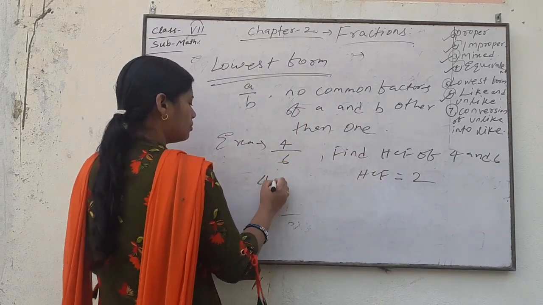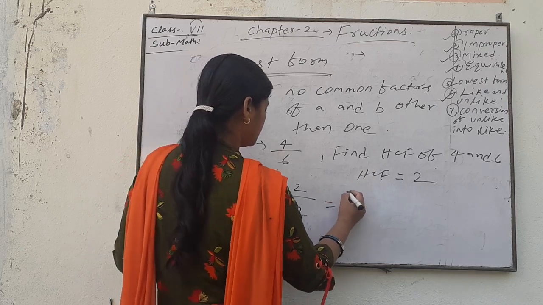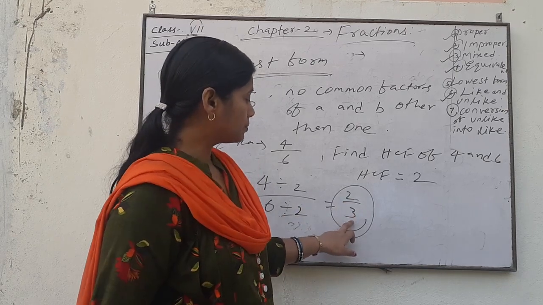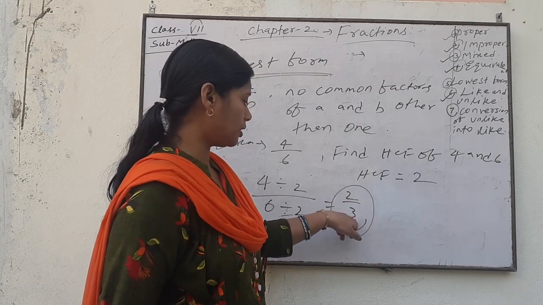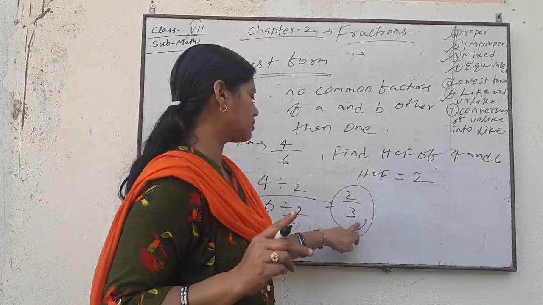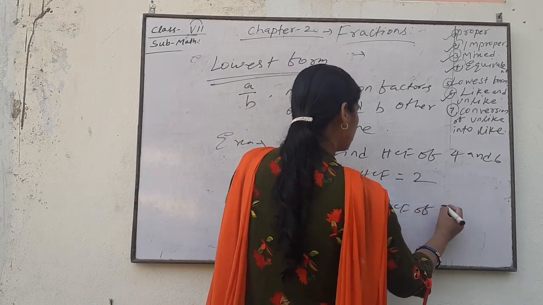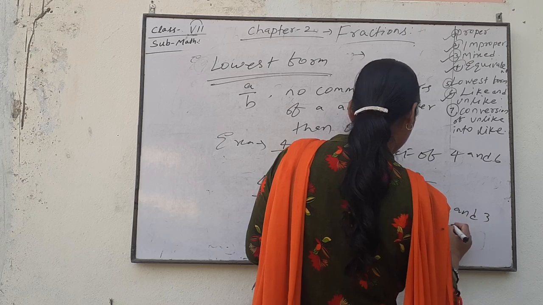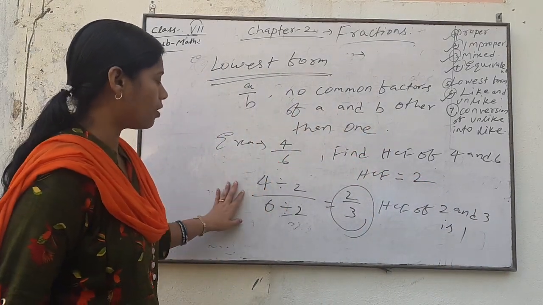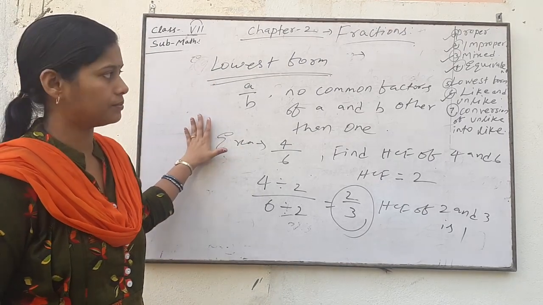Now 4 divided by 2 and 6 divided by 2 gives 2 by 3. Now look here, 2 by 3, there is no common factor of 2 and 3 other than 1. It means the HCF of 2 and 3 is 1. So this is your lowest form. Another name for lowest form is simplest form.